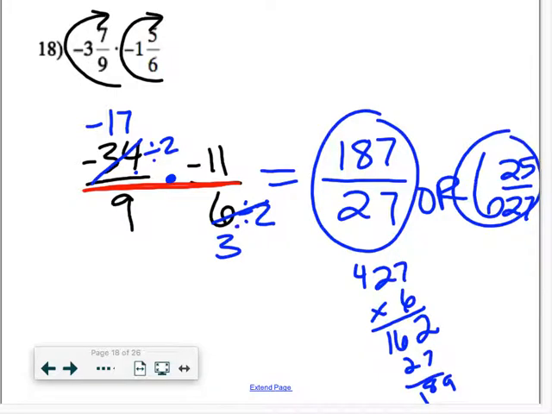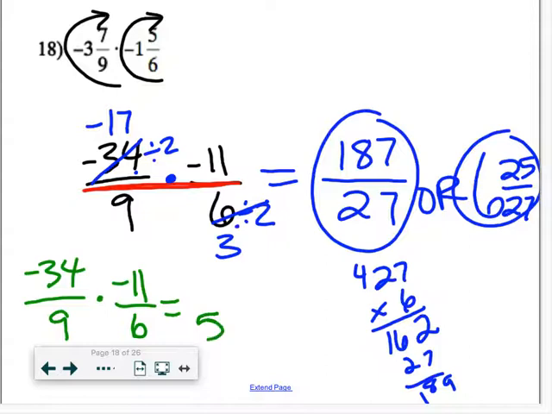If this cross-canceling beforehand stuff is confusing for you, then you just go back. Multiply cross like normal. Yeah, 54, 340 plus 34, so negative 374, I think. Yeah.